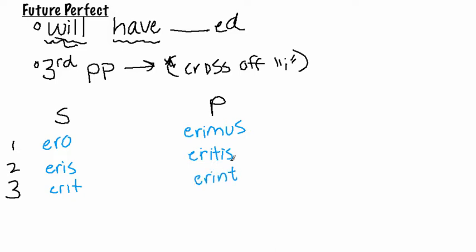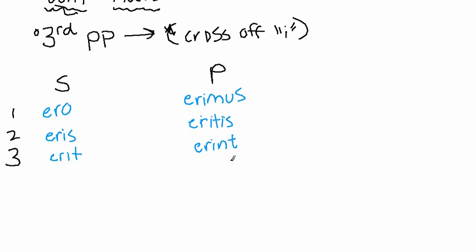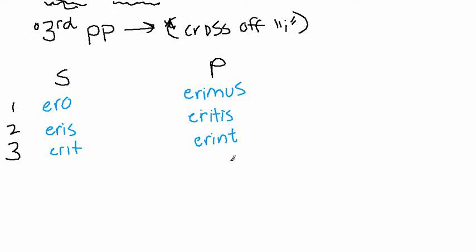And I'll show you an example of the future perfect tense using the verb teneo, tenere, tenui, tentum. And let me just go ahead and write down the dictionary entry. Teneo, tenere, tenui, tentum.